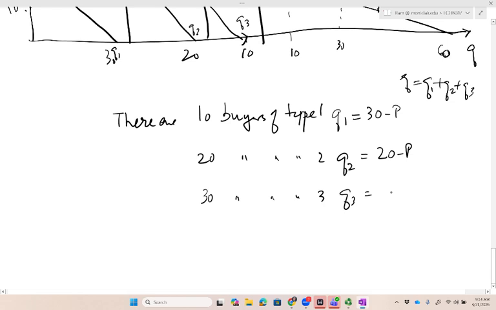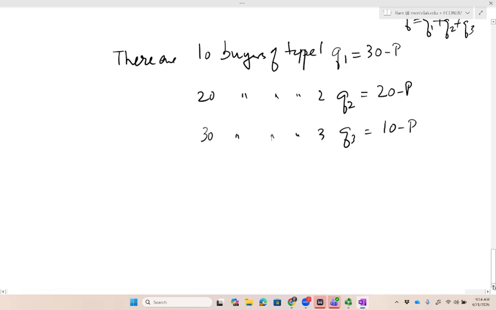So Q3 turns out to be 10 minus P, which means for each type of buyer, the quantity demanded by all of them taken together would be the quantity demanded by one multiplied by the number of that type of buyers. So now I will use the uppercase Q to denote the quantity demanded by the entire group of type 1 buyers or type 2 buyers and so on.